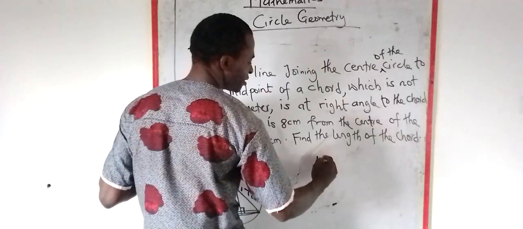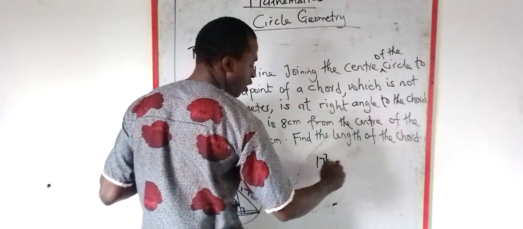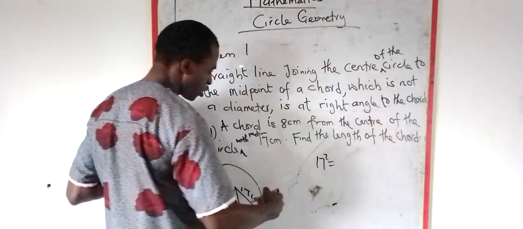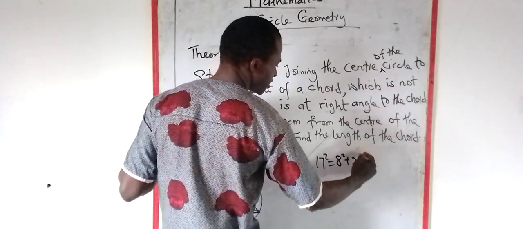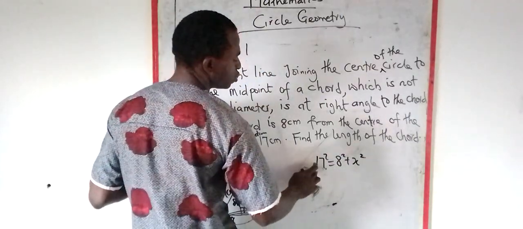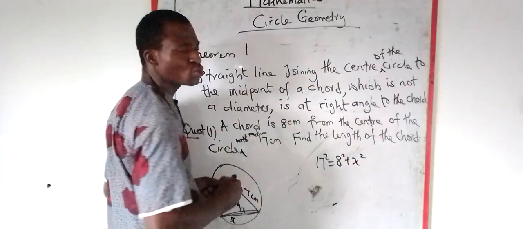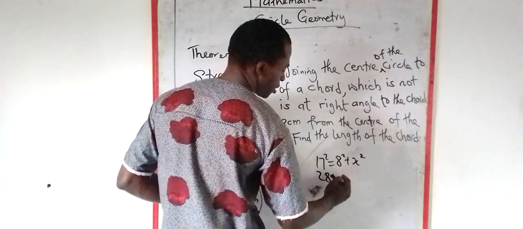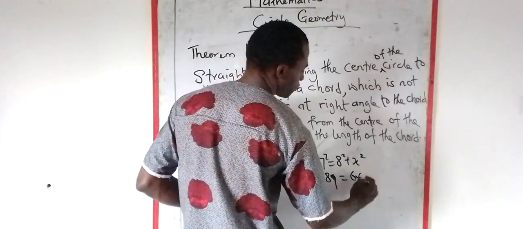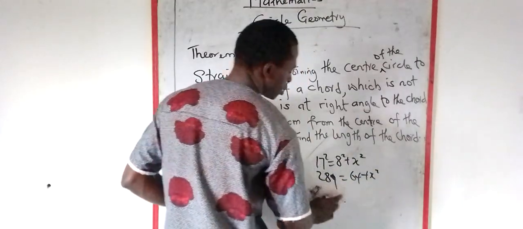The longest side in this case is 17. The square of the longest side is equal to the sum of the squares of the other 2 sides: 8 squared plus x squared. The square of 17 is 289, which is equal to 64 plus x squared.